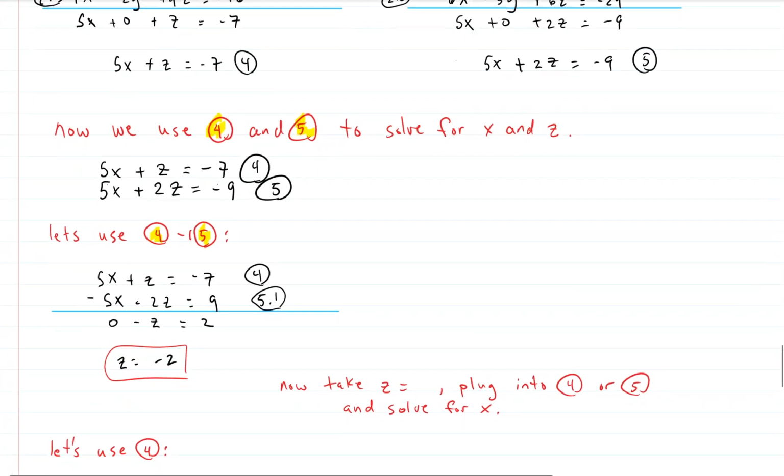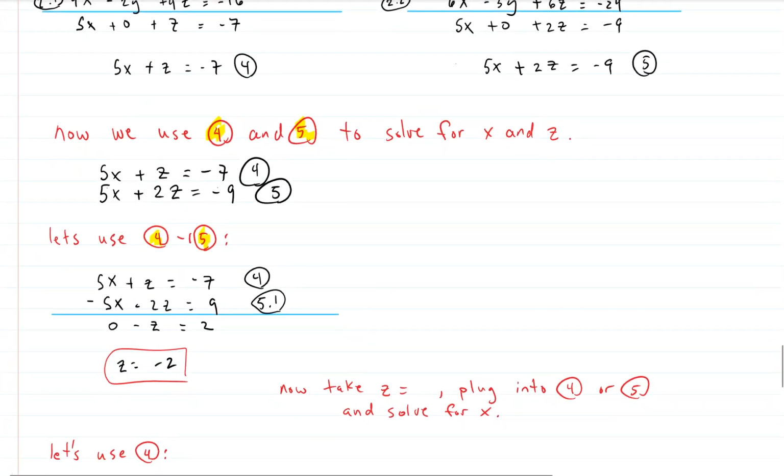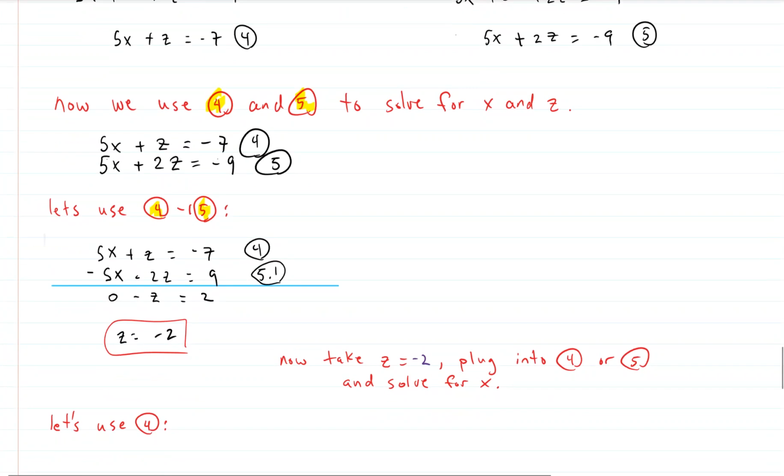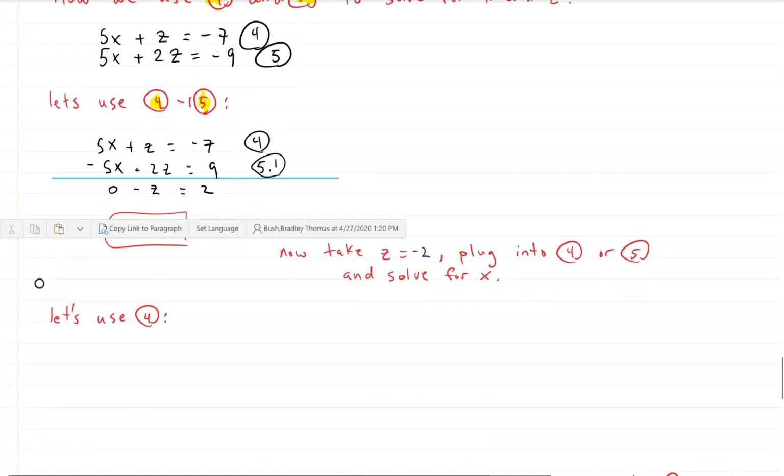Now we can take z equals negative 2 and plug it into 4 or 5, whichever equation we want, and solve for x. So let's use equation number 4: 5x plus z equals negative 7. We know z is negative 2, so let's plug that in.